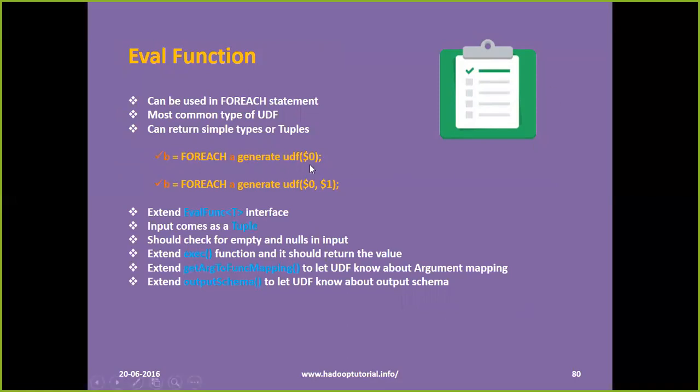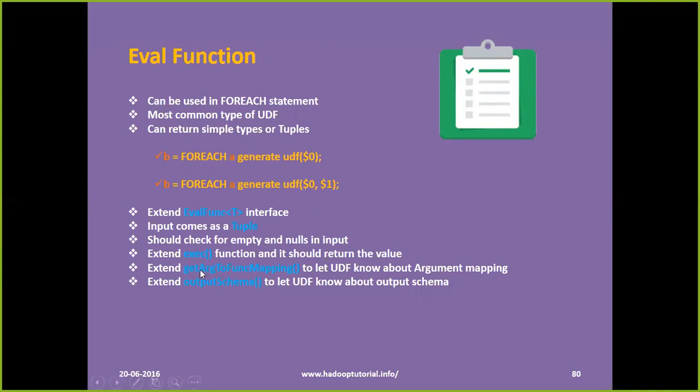These eval functions expect input as a tuple, and they should extend the EvalFunc of generic type, this interface. In the implementation part, we should initially check for empty or nulls in the input. If it is empty or null, we should return the empty or null value. And we must provide the implementation for the exec function, and return the values.